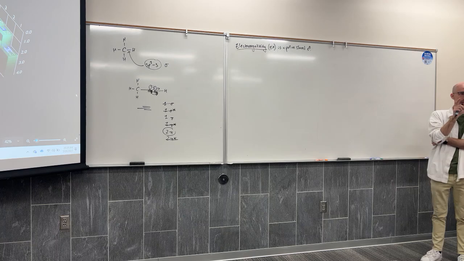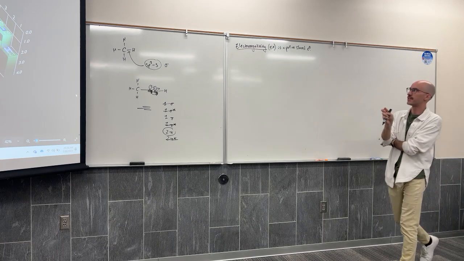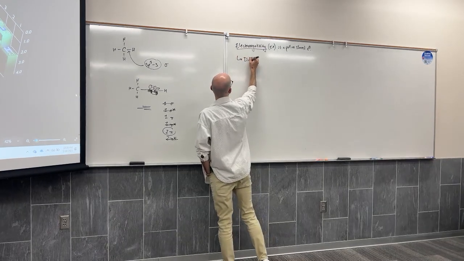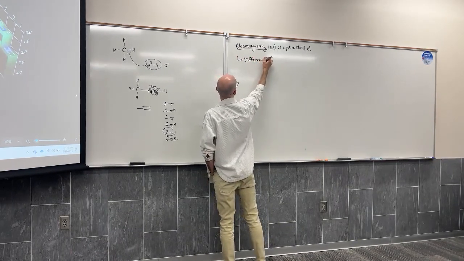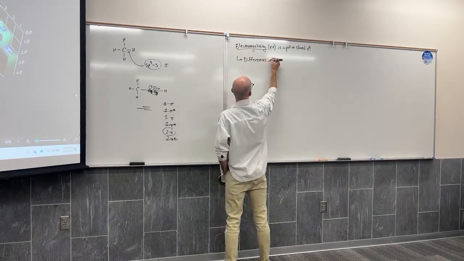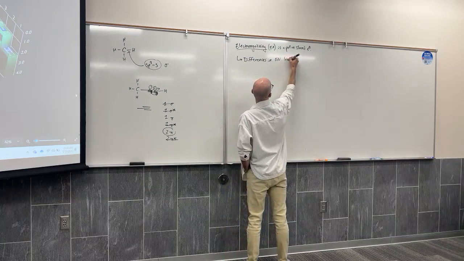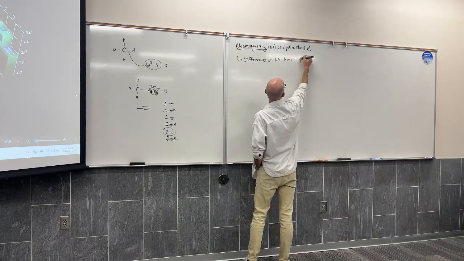The difference in electronegativity means that electrons are not evenly distributed, and this leads to polarity. Differences in electronegativity lead to polarity.